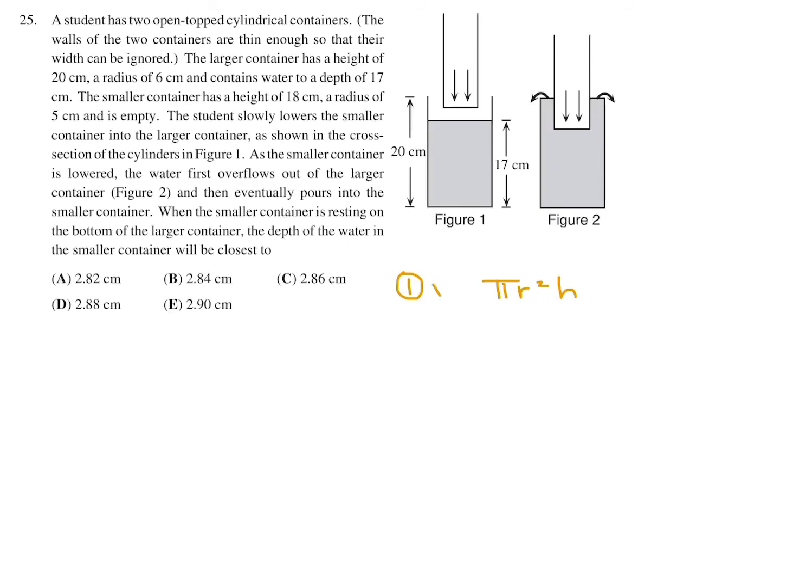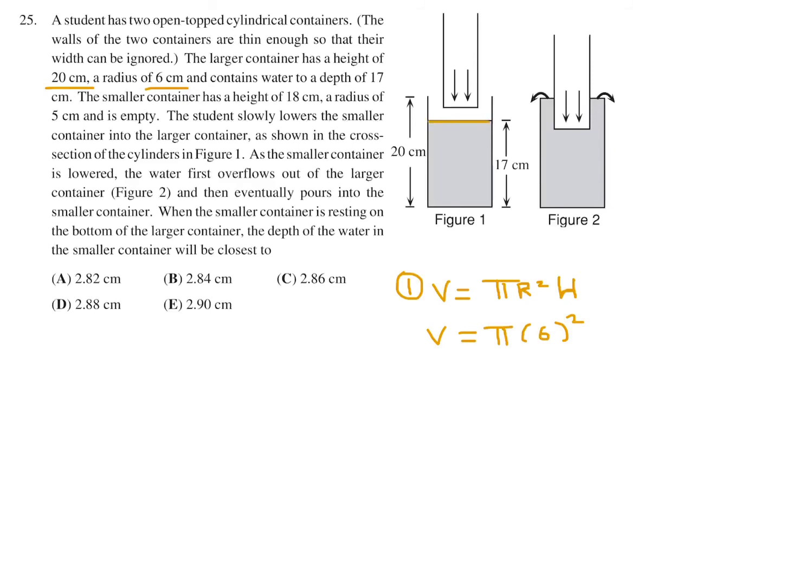All right? So in our case, we have pi. What is the radius of this big guy? Because it's the big one, I'm going to use big R and big H. The radius of the larger container is 6 and the height is 20. But be careful. The radius is 6, that's fine. 6 squared. But in our example, the water doesn't go up all the way to 20.